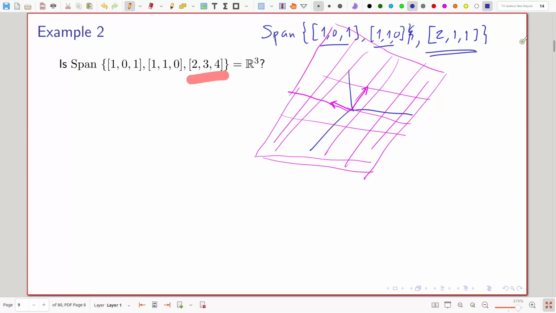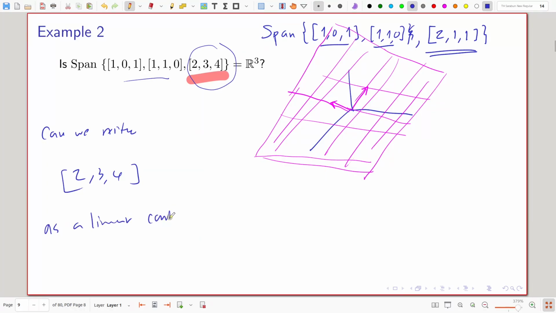Does it belong to the span of these two? This question is like asking, is it possible to write (2, 3, 4) as a linear combination of (1, 0, 1) and (1, 1, 0)?